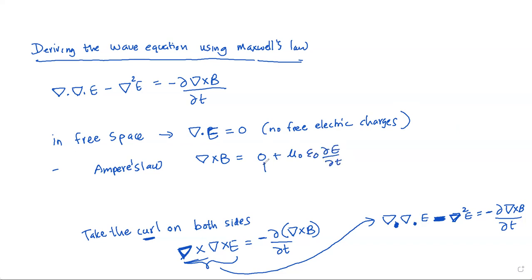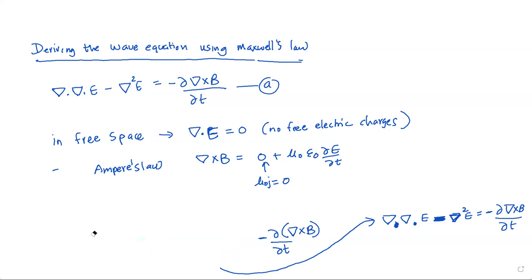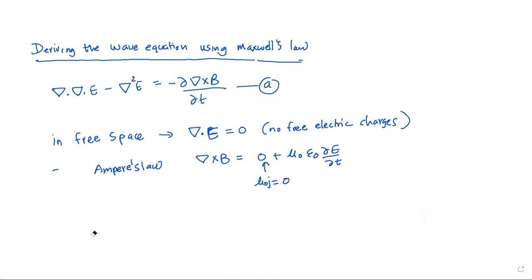So this 0 is coming from the fact that μ0 J is equal to 0. The current density is also 0. So therefore, now we can use these results in this equation that we derived earlier.